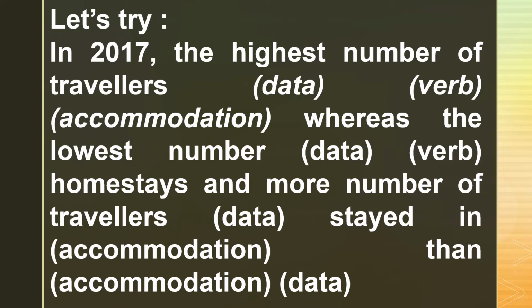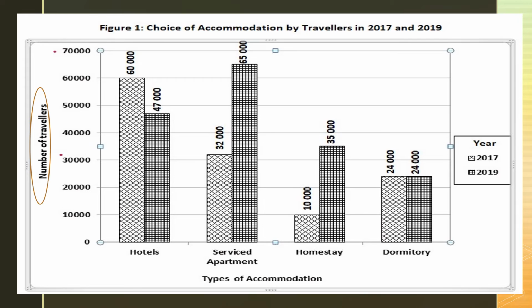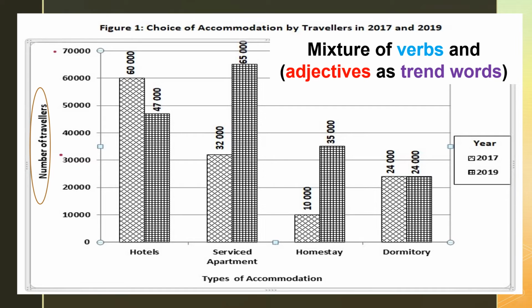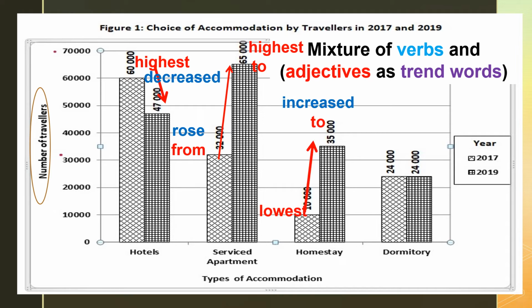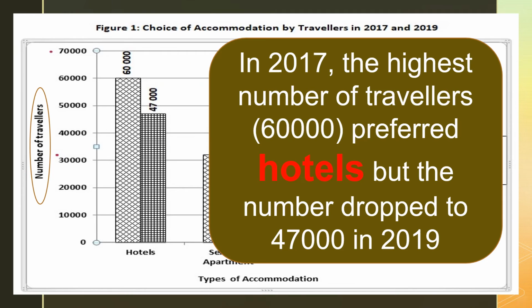Okay, we move on. So we are going to do the analysis. All right, we're going to focus on these hotels. Okay, the trend is highest, and then it decreased. How are we going to do it? The time frame here is 2017.